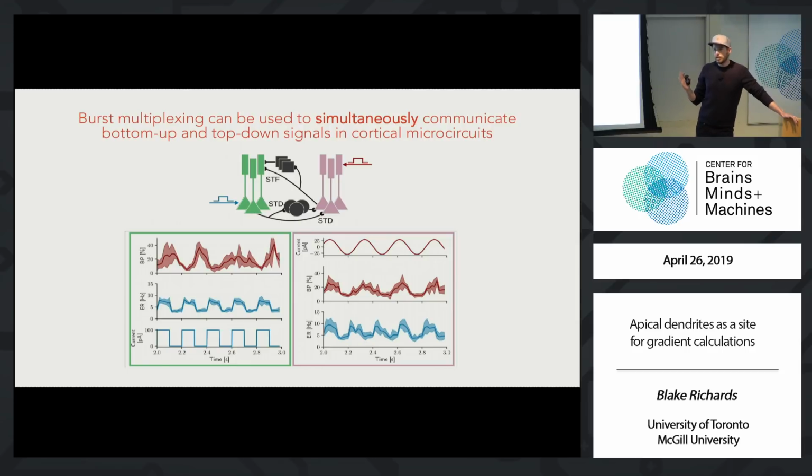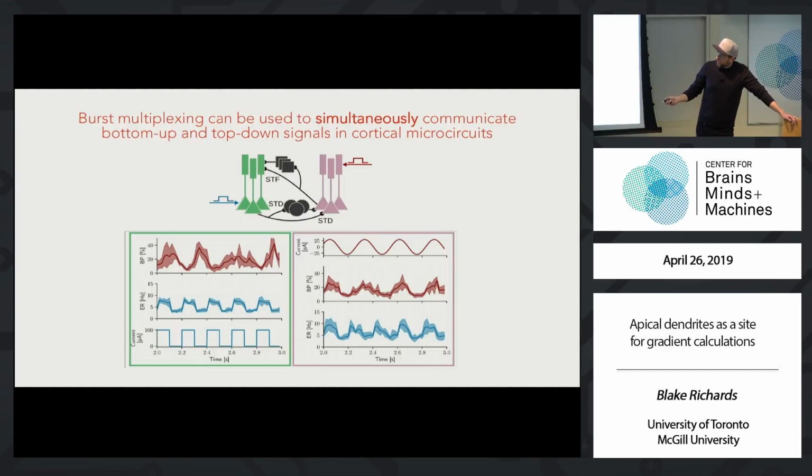what we find is that this ensemble, so here we're injecting input to its apical dendrite, its burst probability is going to match that current. But what's interesting is that then also the apical dendrites of these guys are also not doing a bad job of tracking that signal.